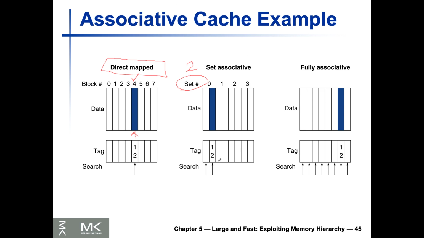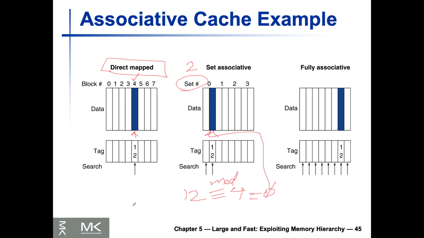So the memory block of 12 must be in which set? 12 mod 4, so it's going to be 0. It's going to be placed in set 0.